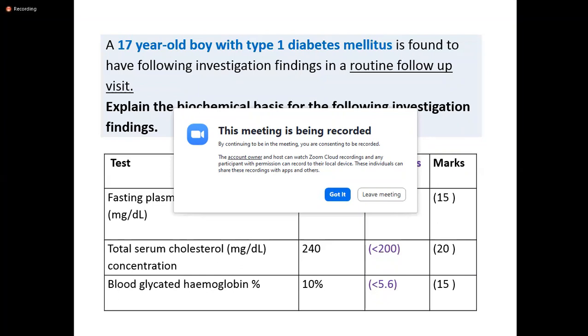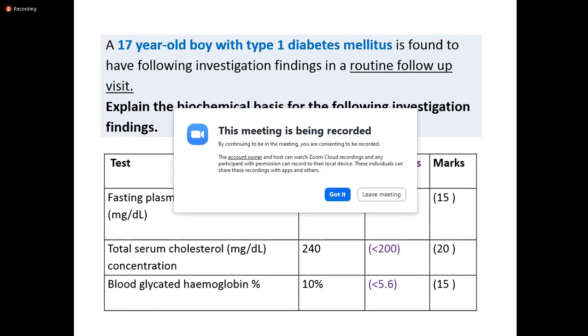And then the blood glycated hemoglobin percentage, that is 10%. When you look at these findings at a glance, you will be able to understand that this patient is not under good control. His glycemic control is not good. You can identify that at a glance.